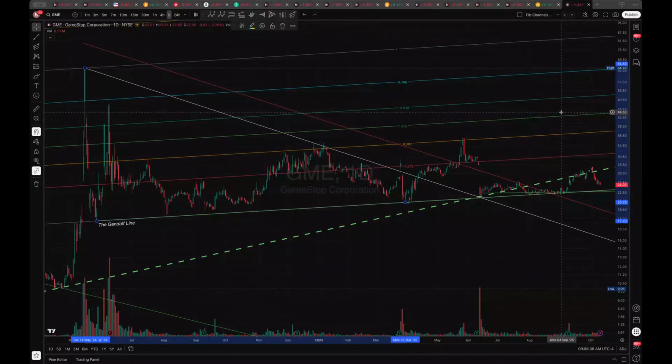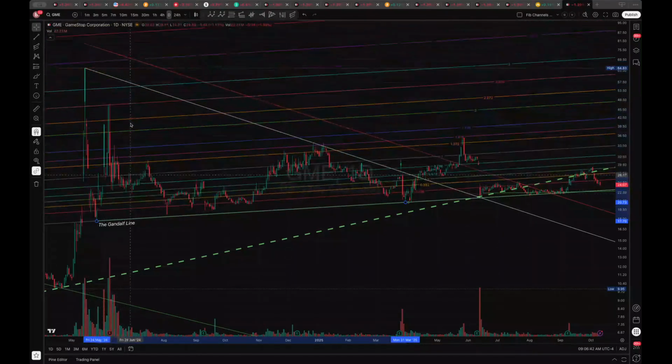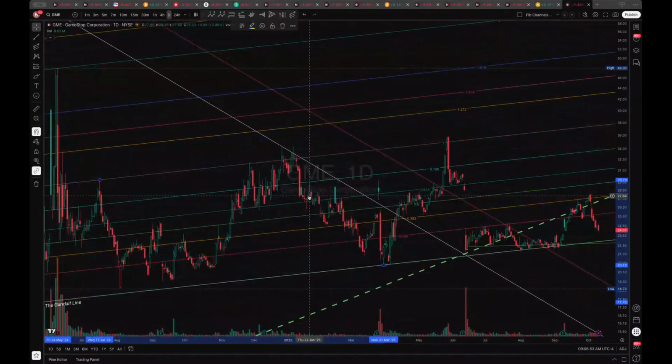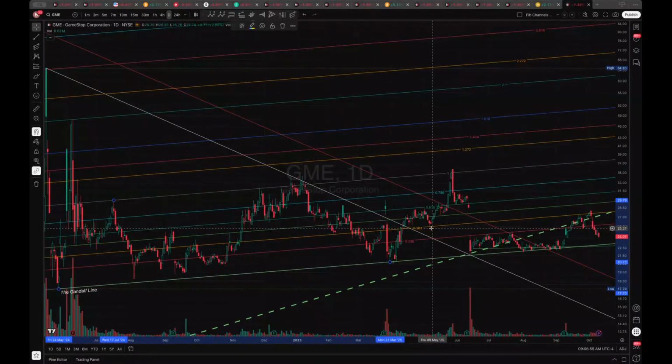So it might tell me a little bit about what to expect in terms of resistance if we ever get out of this box. But if I want a little bit more information, then I probably need to choose a point lower, and then I can get a little bit better granularity on resistance and support. And so you can actually see where some of these channels have formed over the last year and a half.